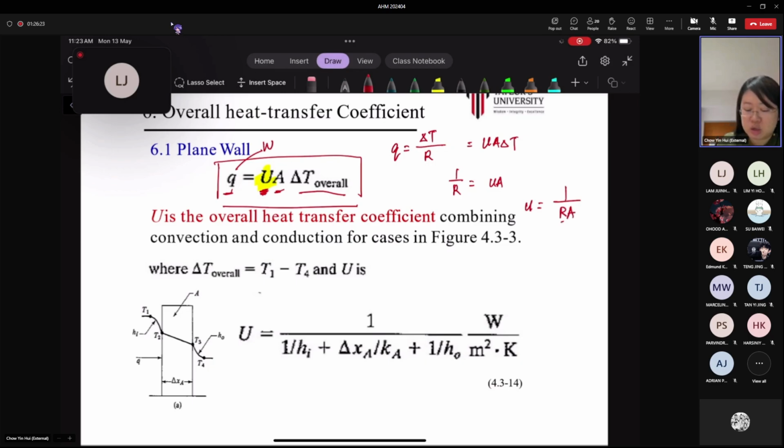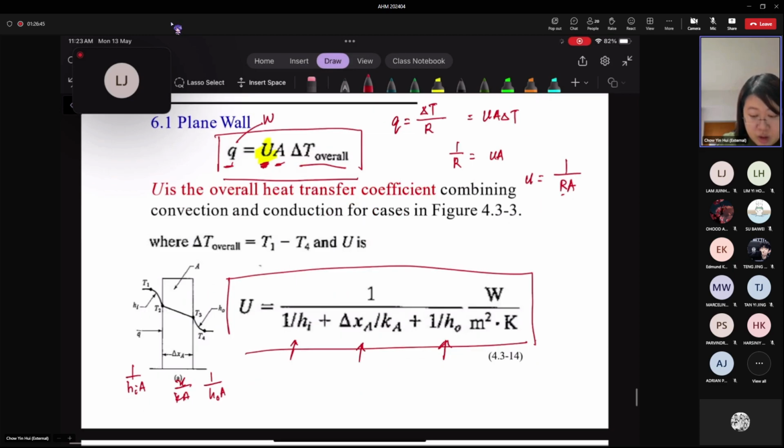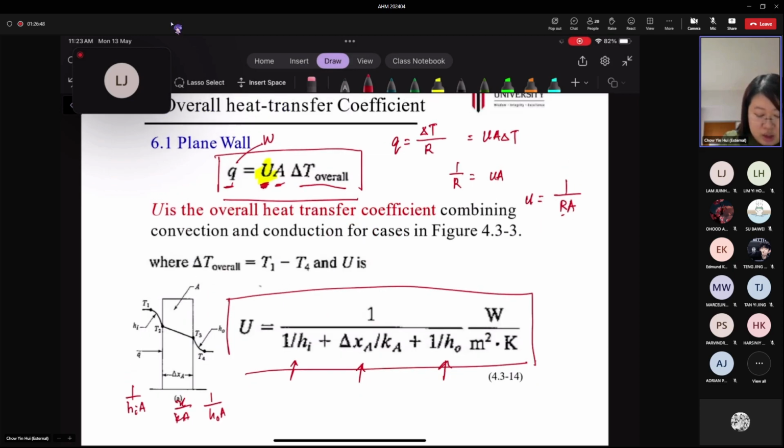That's why when you look at this equation here, you'll notice that all the area terms are no longer there. Suppose this is 1 over hiA, this is x over kA, this is 1 over hoA, where this is the sum of the resistances.